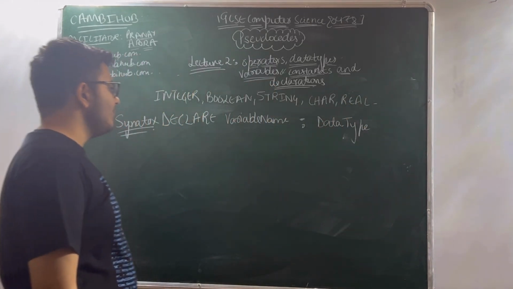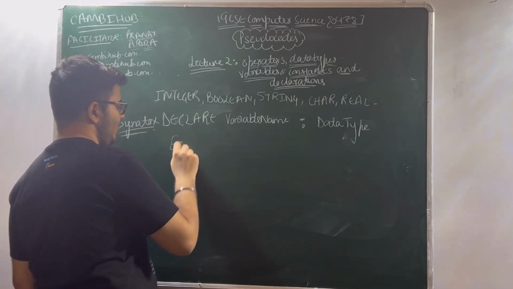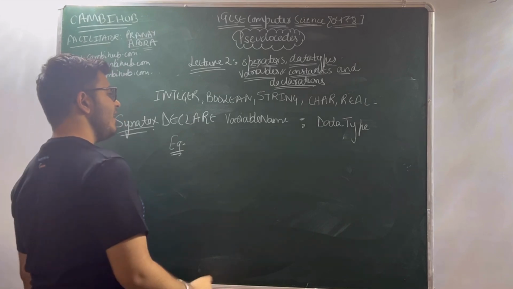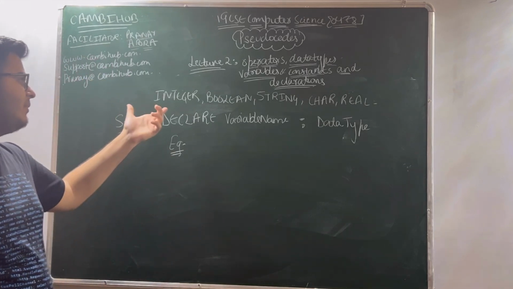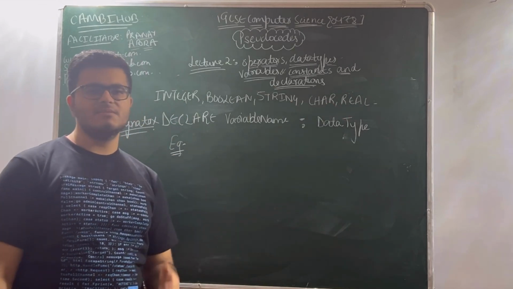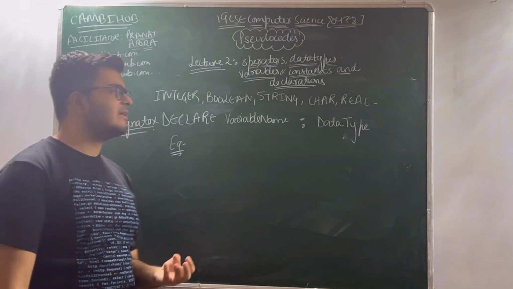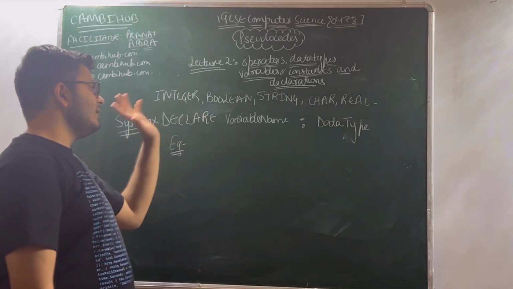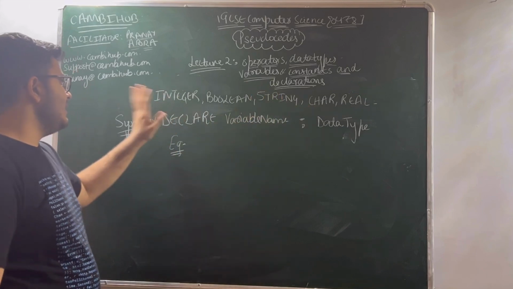Right? Let's see an example. Suppose in the whole video I was giving you an example of sum, which adds a and b. If I have to declare sum, I know that that variable uses integer or real, right? Whatever it is. I'm dealing with decimals or I'm not dealing with decimals, it depends on that. Let's consider the question scenario to be where I'm not dealing with any decimals, I'm dealing with integer.